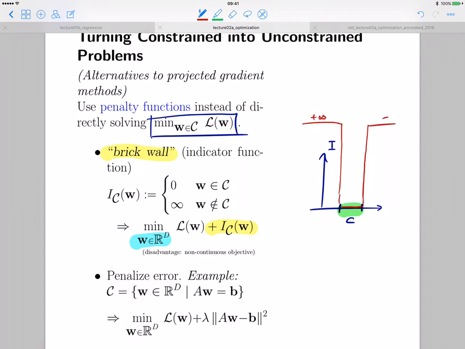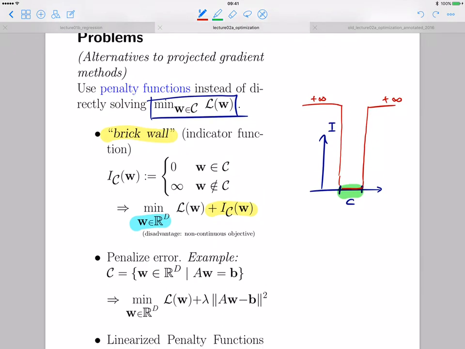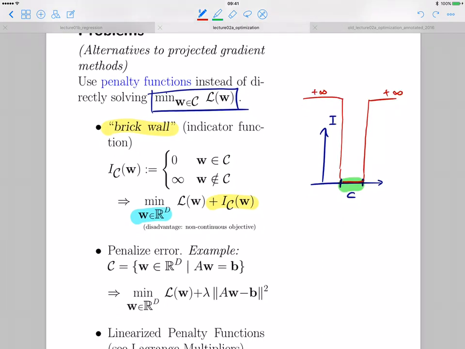So this function is not continuous, which is pretty bad. To optimize it, it's not going to have gradients at the boundary. It's not differentiable, so we cannot optimize it so easily. This is more a conceptual trick, but in practice it's very hard to deal with. It's not giving you a new method, it's just reformulating the problem. But this helps us because we exactly want this concept.